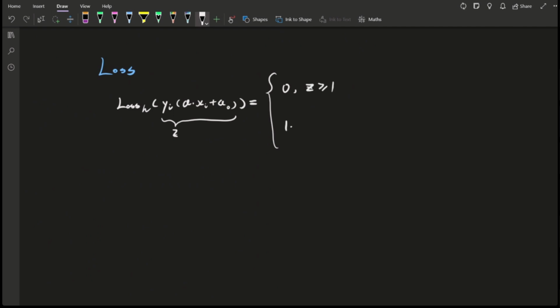Whereas on the other hand, we'll take 1 minus whatever this term gives, for the case where z is smaller than 1. If z is smaller than 1, then whatever is here will be positive, so it's contributing to some kind of loss. And we can write this in a more programming friendly manner: you're taking the maximum of 0 and 1 minus z, whichever is bigger.